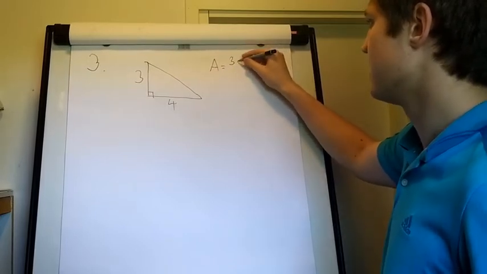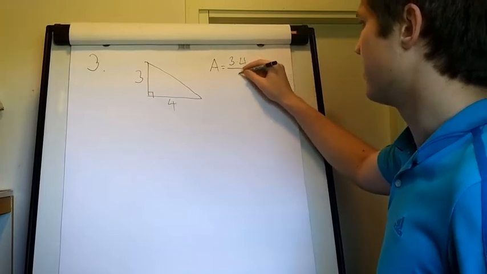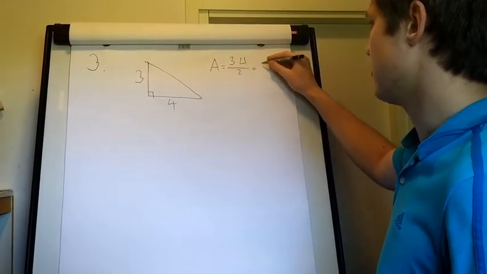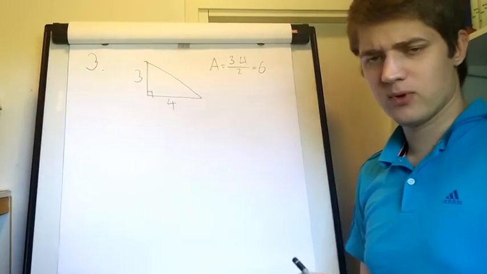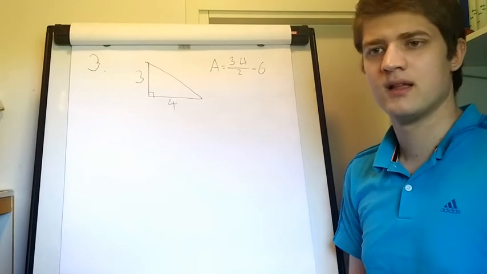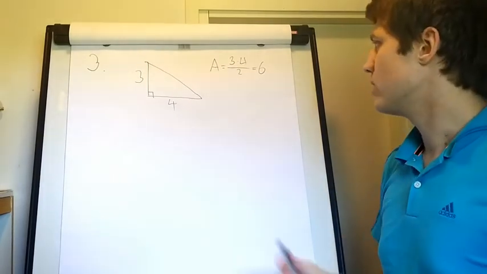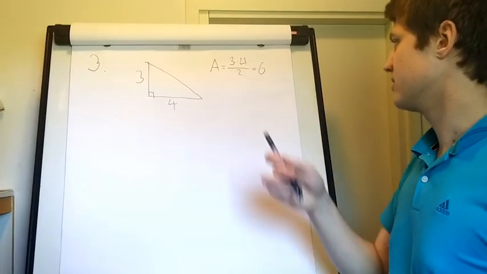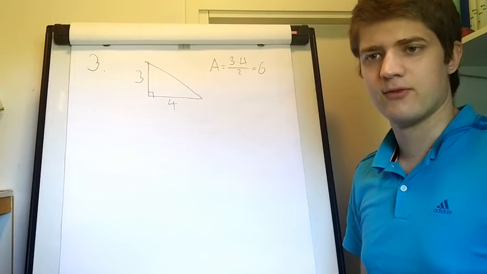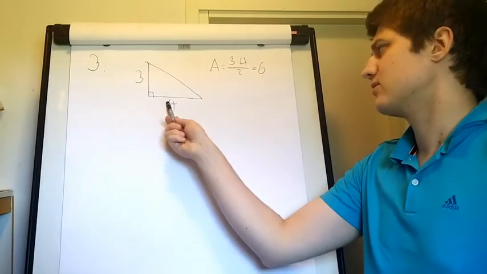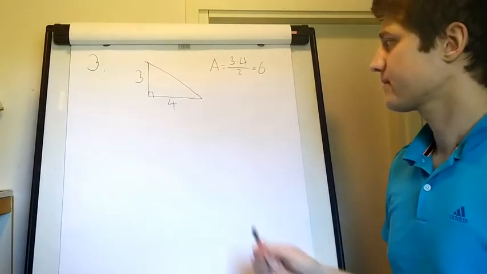It equals 3 times 4 divided by 2, which equals 6. And what about the case where the angle isn't right? Then if we want to prove that the greatest possible area is 6, we need to prove that for all triangles that satisfy these conditions, the area is at most 6.